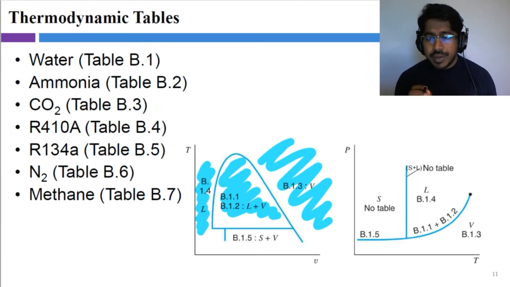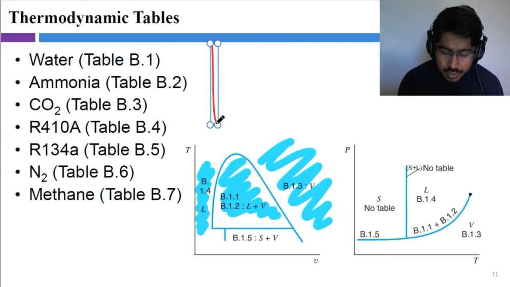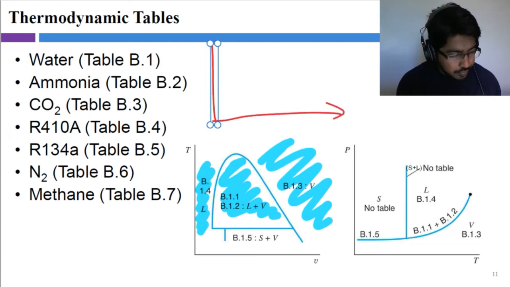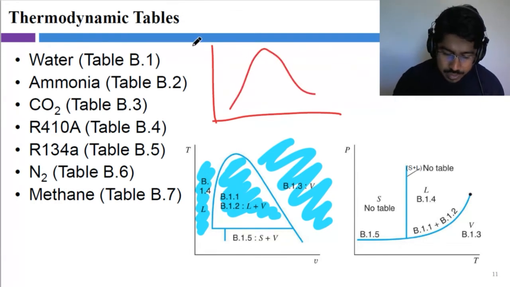Please beware that for certain cases, the compressed liquid tables may not be available. Compressed liquid tables are not as comprehensive as two-phase region tables. In that case, sometimes you might need to use the assumption we made in a TV diagram, you remember we did this one.